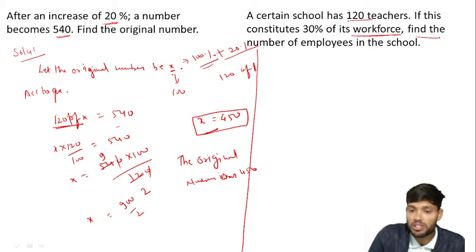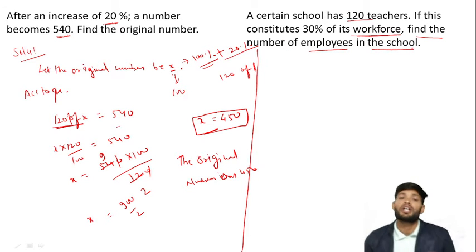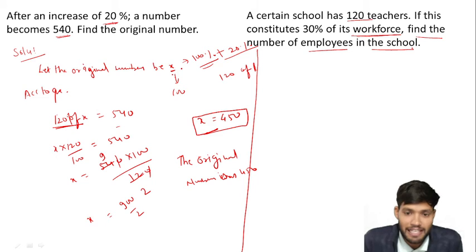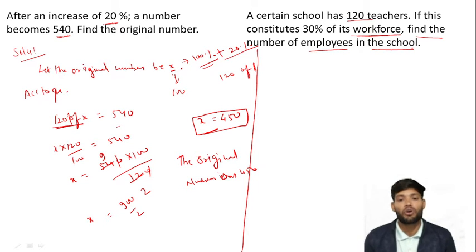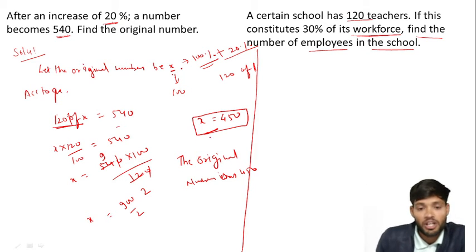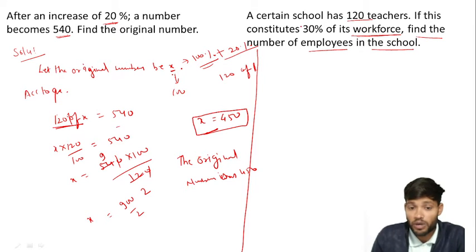Again, the question wants to say: find the number of employees in the school. The question says that 30% of the total employees is equal to 120 teachers.